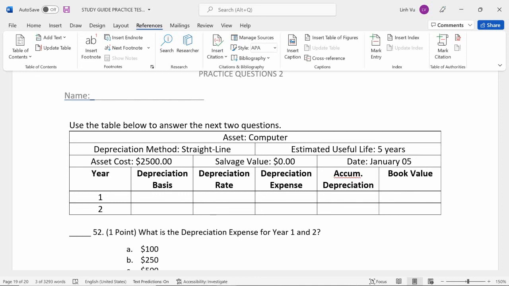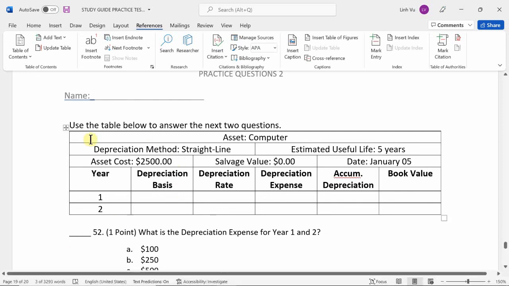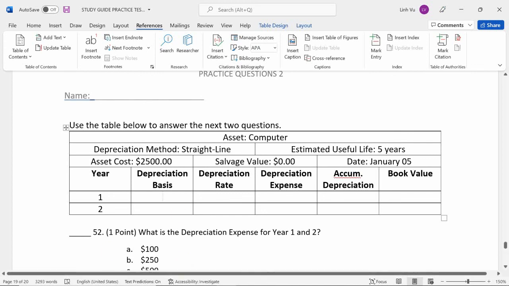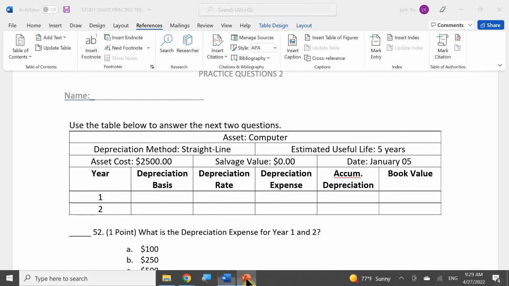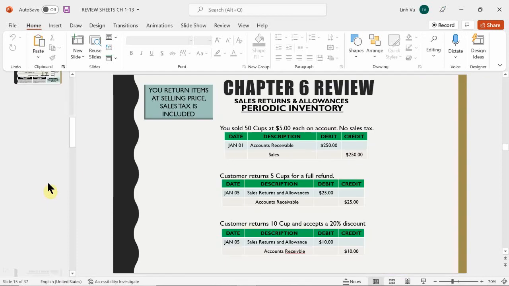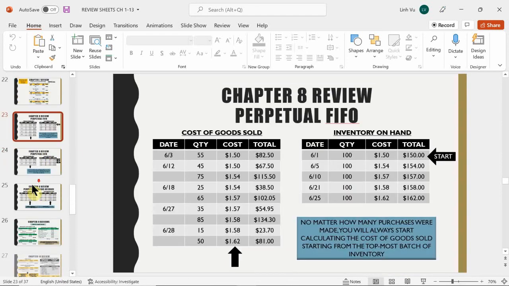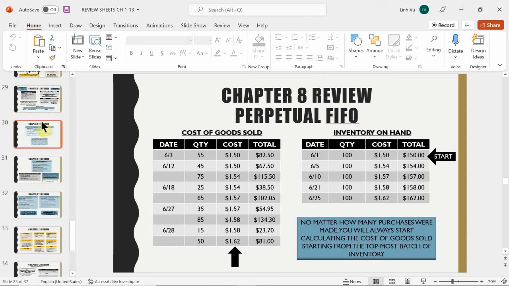So let's go ahead and solve for this. This is straight line. So how do I solve for the depreciation basis? Let me grab my notes.